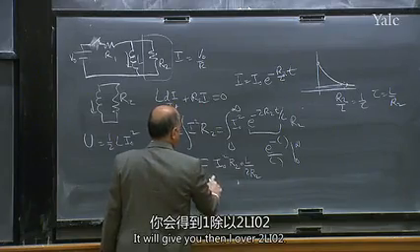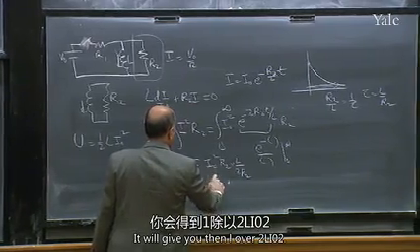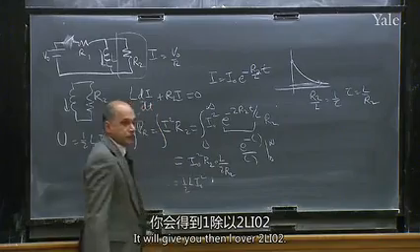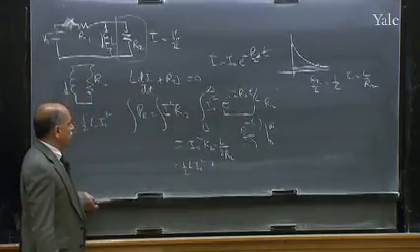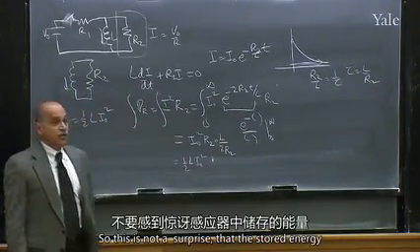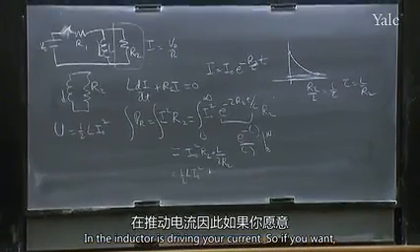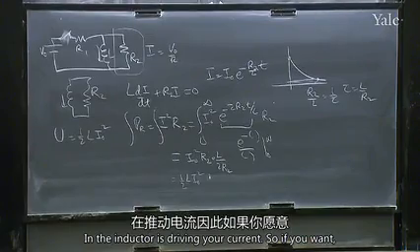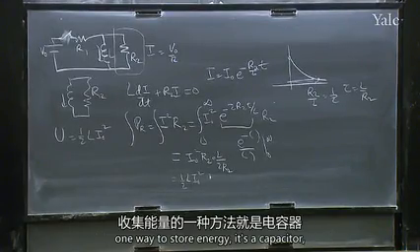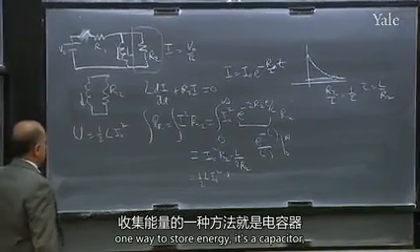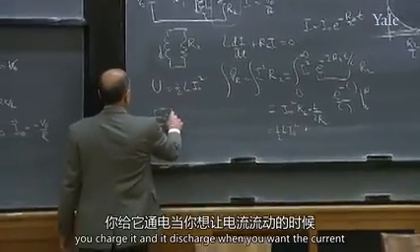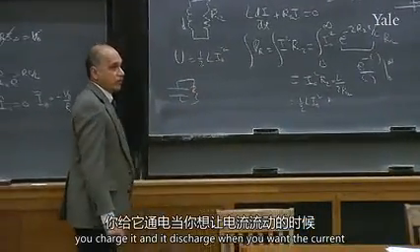That'll give you then 1/2 L I0 squared. So this is not a surprise: the stored energy in the inductor is driving a current. One way to store energy is a capacitor: you charge it and you discharge it when you want the current to flow.